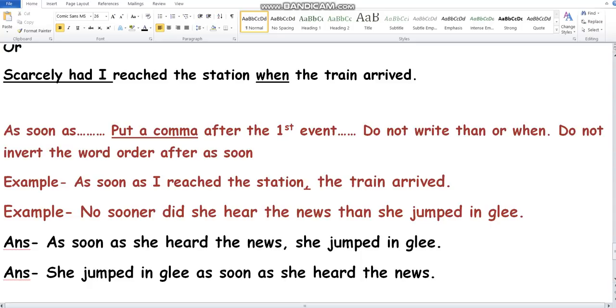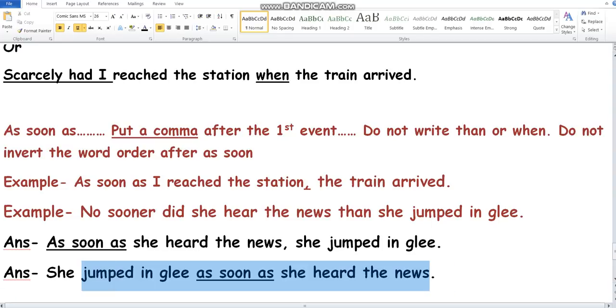I hope I've made myself very clear to you because this is very, very important. Please understand the difference. Here we have to put a comma. Here, since we are connecting the two sentences with as soon as, there is no need for a comma. And if you put a comma here, your answer will be wrong.